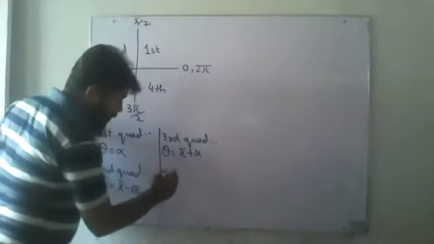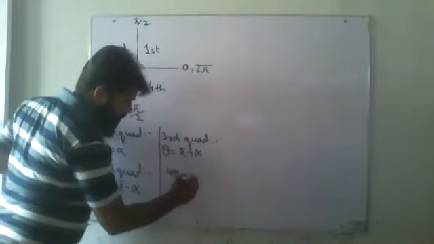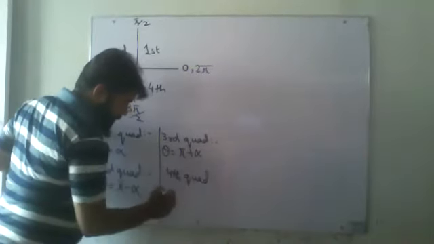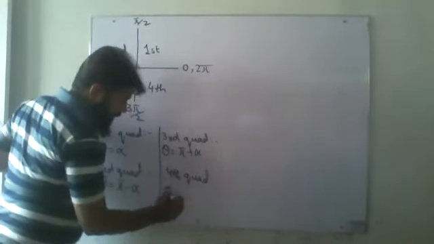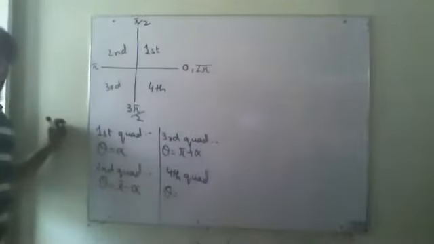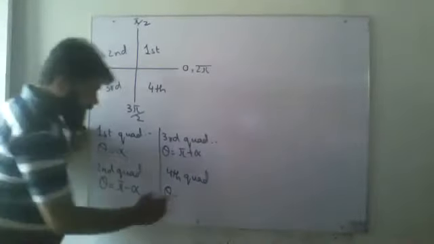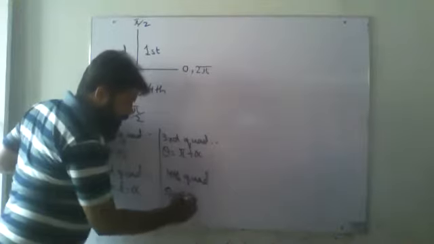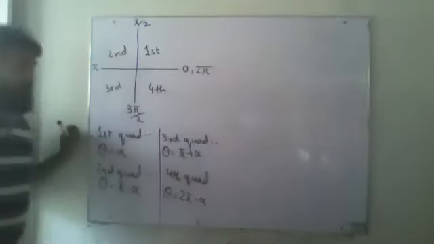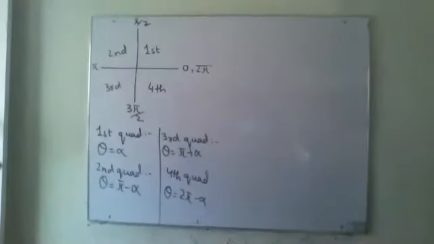And in the fourth quadrant, theta will be equal to, initially it was 360 minus alpha, now it will become 2 pi minus alpha. These are the four conversions which we have already done in degree mode. Now they are written in radian mode.